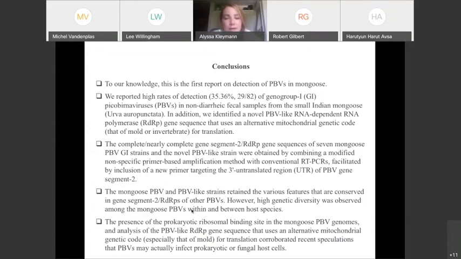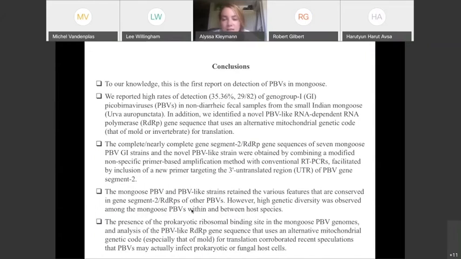The complete or nearly complete gene segment 2 sequences of 7 mongoose PBV G1 strains and the novel PBV-like strain were obtained by combining a modified non-specific primer-based amplification method with conventional RT-PCRs, facilitated by the inclusion of a new primer targeting the 3' untranslated region, or CON3, as I told you. The mongoose PBV and PBV-like strains retain the various features that are conserved in gene segment 2, or the RDRPs, of other PBVs.